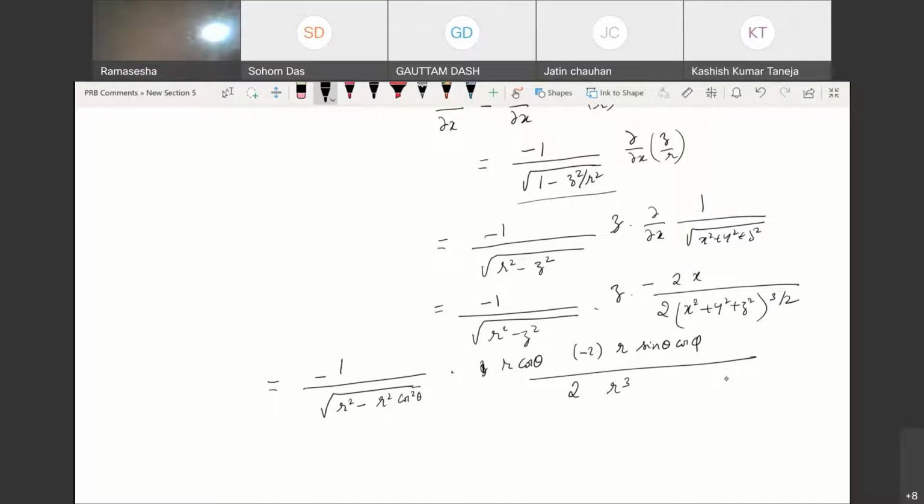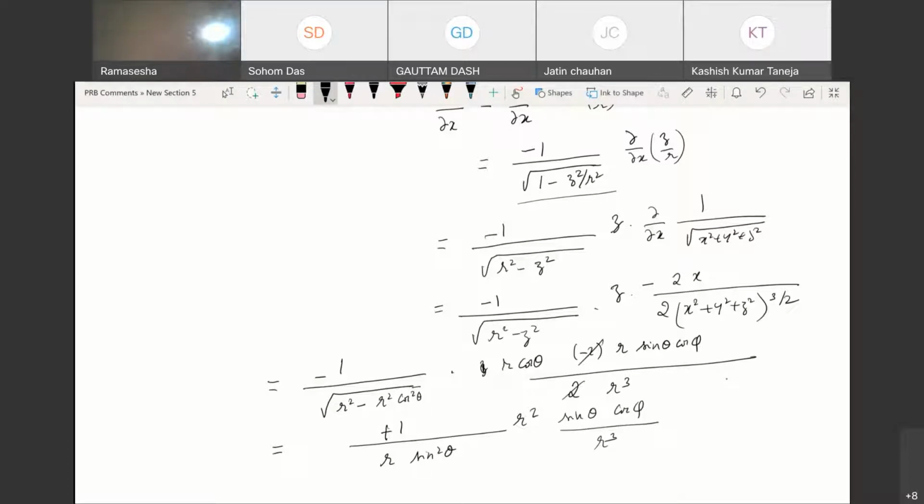Okay, so what we get is minus upon r times, because r squared into, and on top I have r squared, and 2 and 2 cancel. Okay, and then I have sine theta cos phi divided by r cubed.